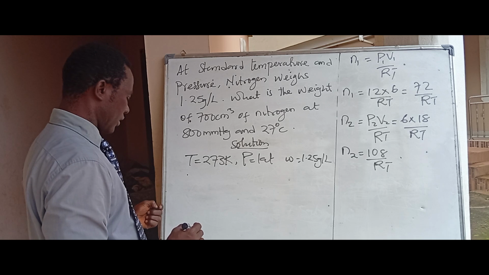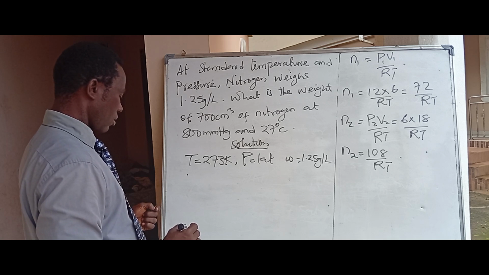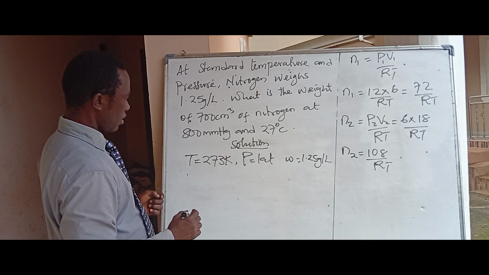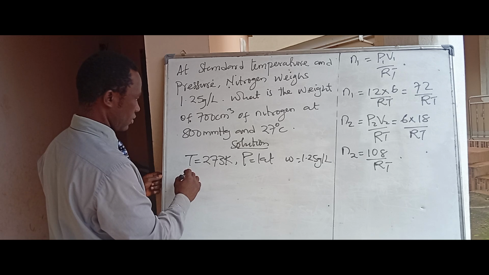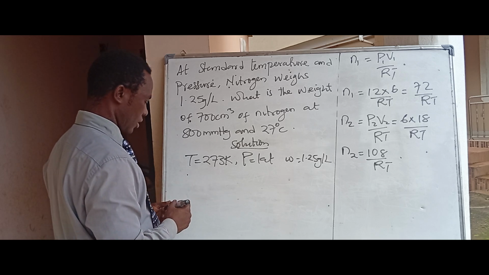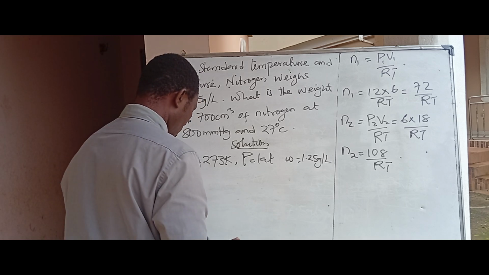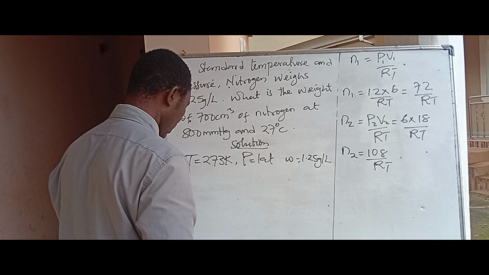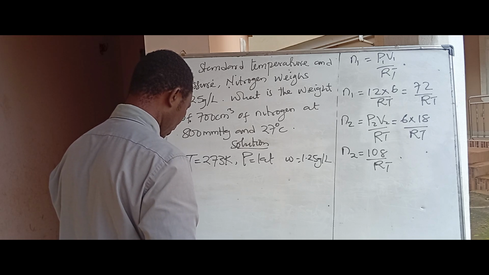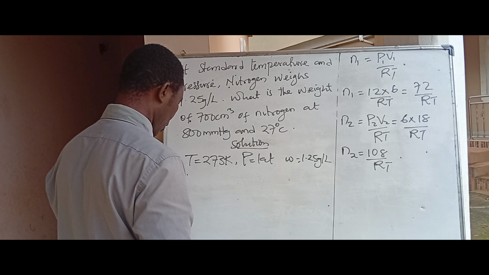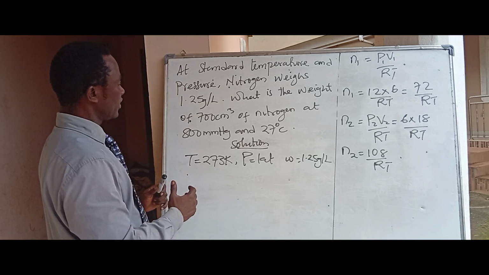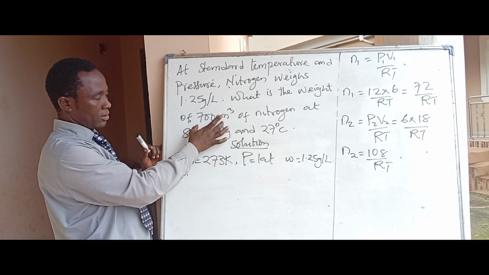What is the weight of 700? Am I sure of the equation? Let me go back to the question. Yes, I'm sure that is it. What is the volume of what? 700.